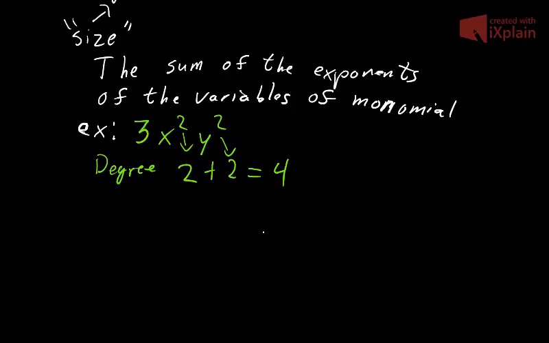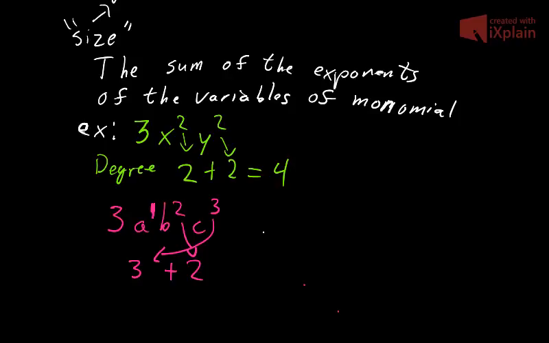And I want to show you guys one real quick strange thing that happens when we do this with another example, is that sometimes we'll get something that looks like 3ab squared c cubed. So now we're going to add up the exponents of the variables, and I see I have a 3 right there. I have a 2 right here. But this a, if it's not showing an exponent, there's a 1 here that doesn't have to be written.